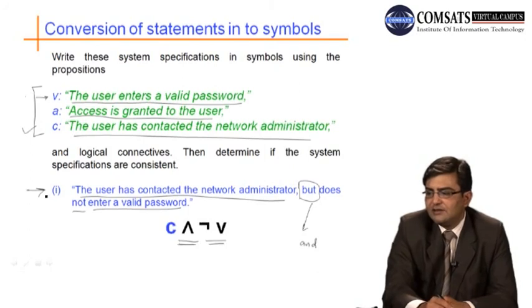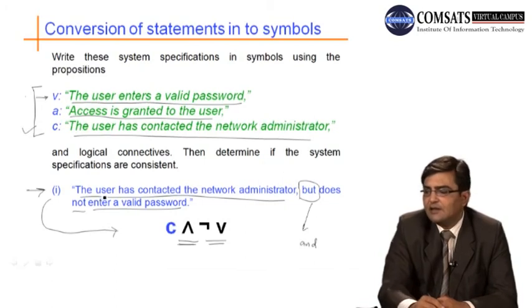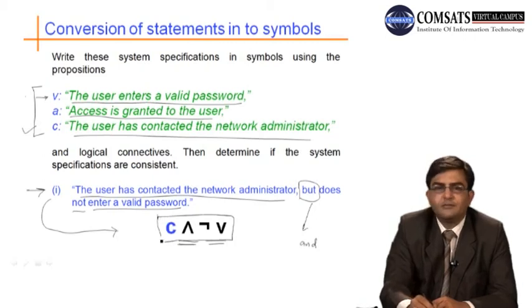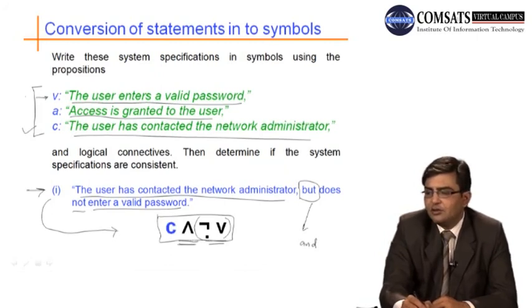So this sentence can be written in the symbols form like this: C and not V. So the preference here is basically we can write here not V. Not has a preference over the conjunction operator, so not will be applied first on the V, and then we take the conjunction of C and not V.